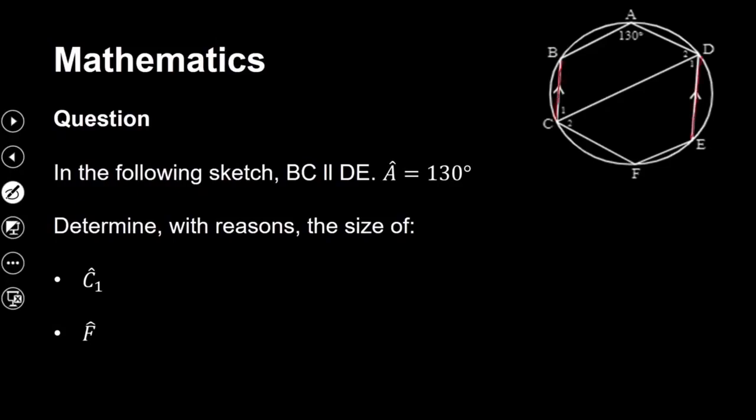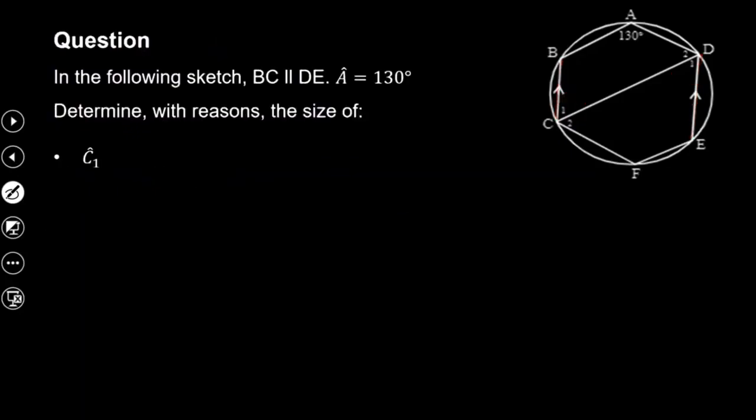And if they are parallel, it definitely makes this angle equal to that angle, as alternate angles, and then we can talk about certain angles under there. And we are given that A is 130 degrees. Then they want us to find the size of C1 and F. So I want to come to the side.